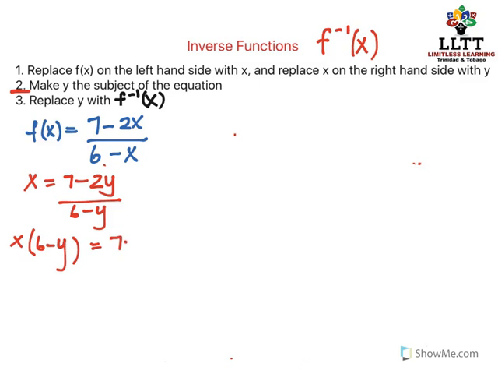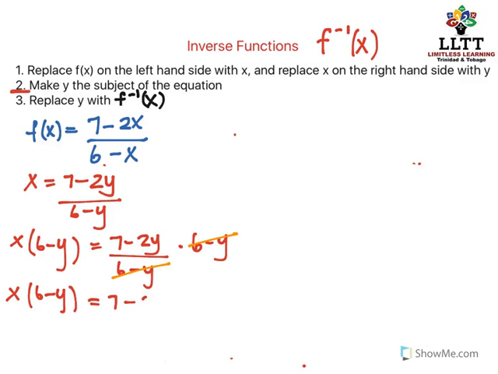So I get x times 6 minus y is equal to 7 minus 2y over 6 minus y multiplied by 6 minus y. This is going to cancel with this, leaving me with x times 6 minus y is equal to 7 minus 2y.